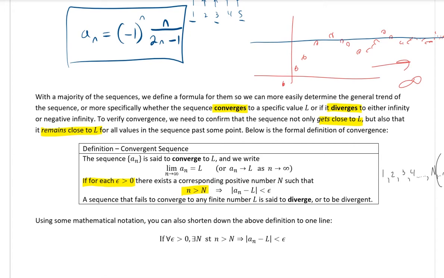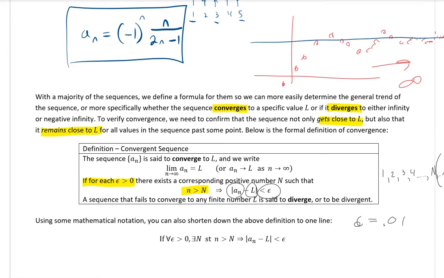And for it to be arbitrarily close, that means that the value that you get from the sequence minus the proposed limit should be very, very small. We say the absolute value because we don't necessarily care if they're positive or negative. But they should be getting closer to that limit, which means that they're less than some arbitrarily small epsilon value. You could think of this as, let's say I chose the value epsilon to be just 0.01.